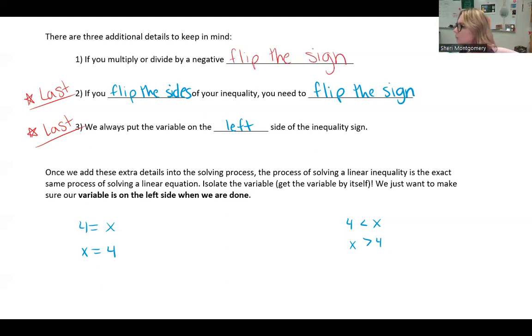Only if what you're multiplying or dividing by, so what you take across the inequality symbol, is a negative, you will flip the sign.